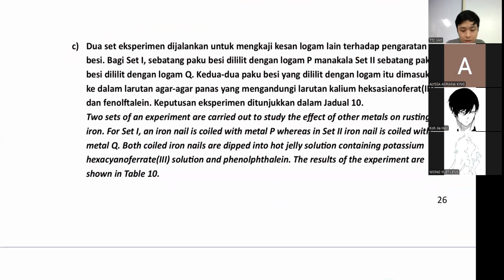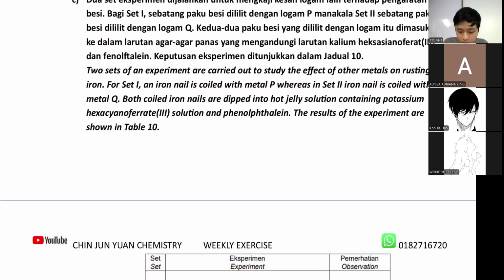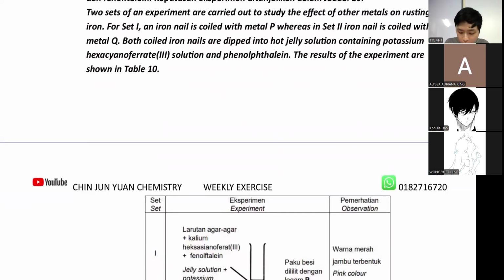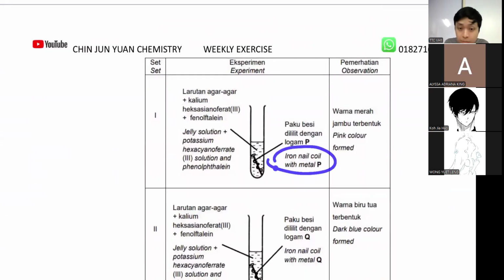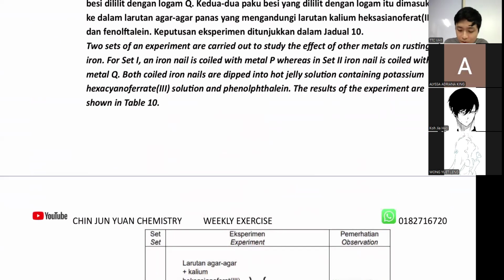Okay, so C, 2 sets of experiments are carried out to study the effect of other metals on rusting of iron. For set 1, iron is coiled with metal P. This one they ask a 10 mark question.